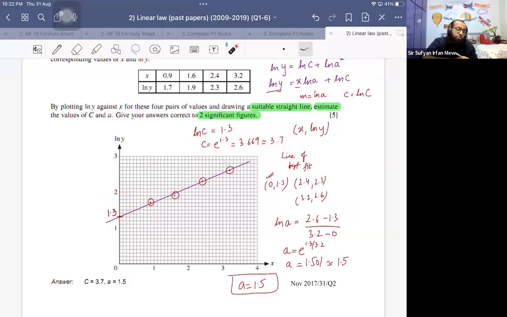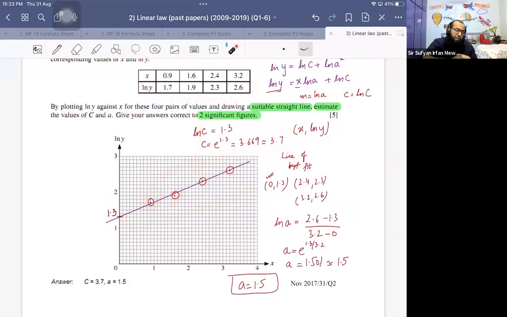Yes, one thing I was telling you was, for finding the gradient, should we take the coordinates from this table or should we use the points on the line? Because these were the 4 points that you have plotted, but a few of the points do not lie on the line. So those points which do not lie on the line, you should not take the coordinates of.